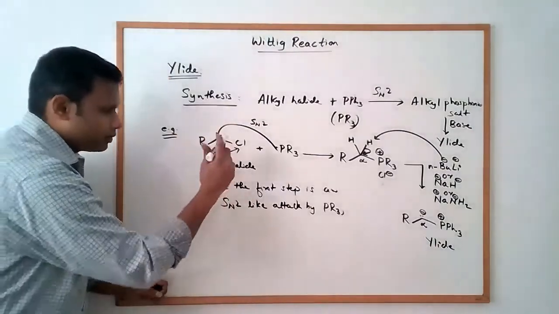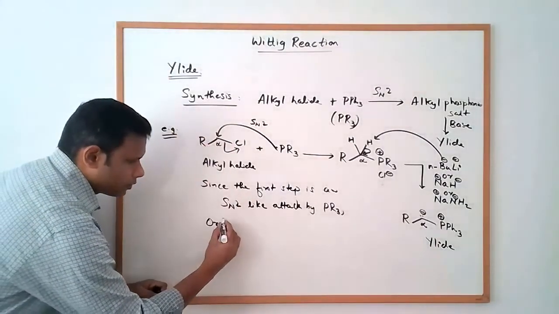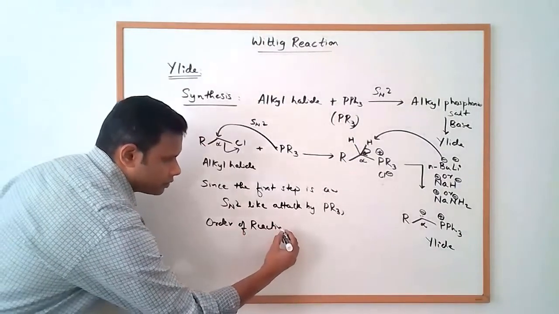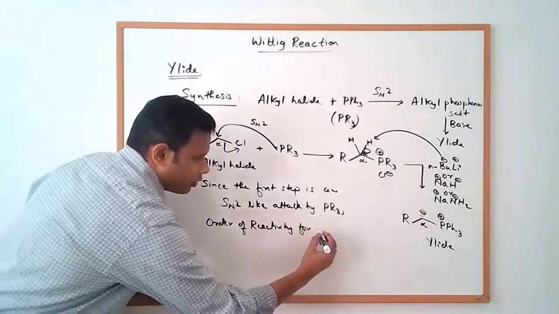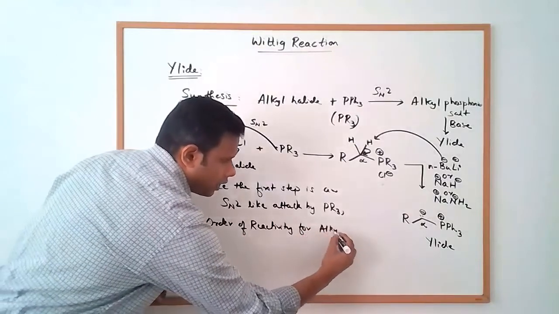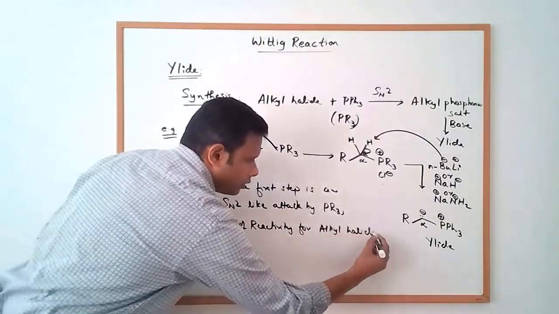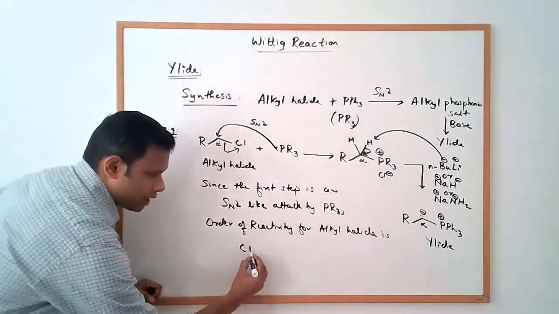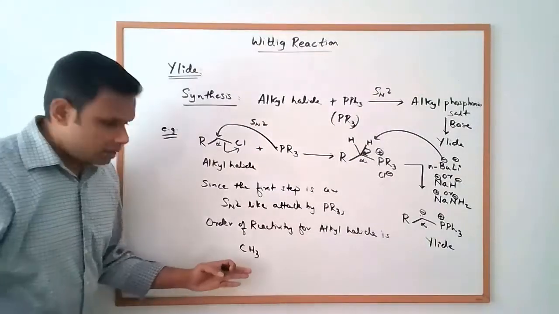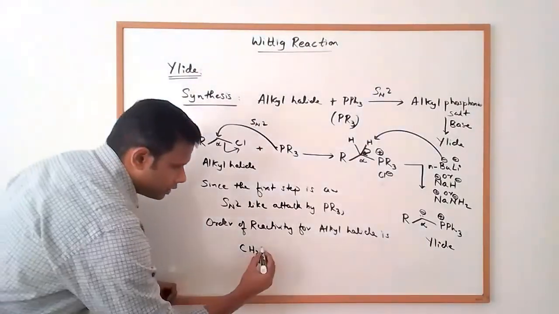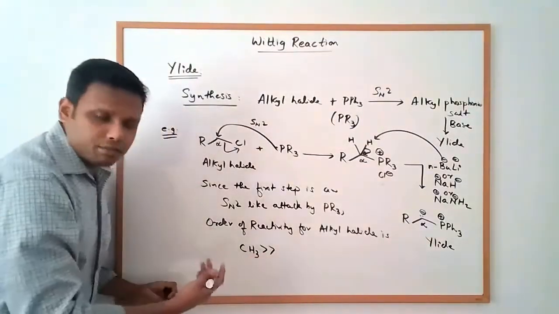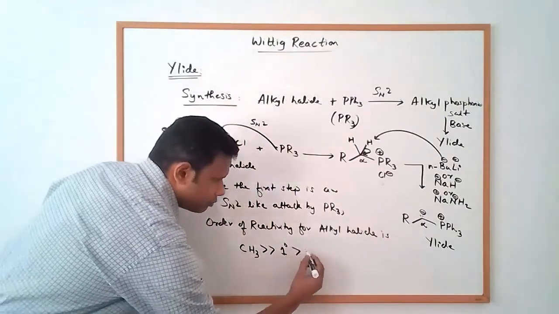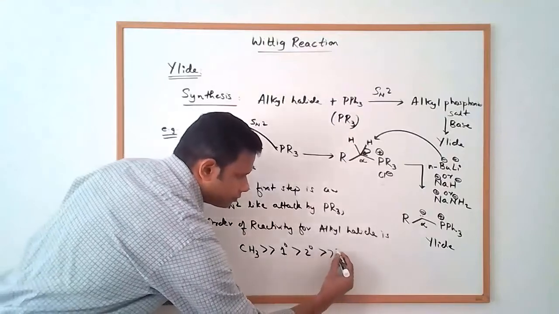So the order of reactivity for alkyl halides is methyl, the least substituted alkyl halide, which is the best, then primary alkyl halides, which are better than secondary.